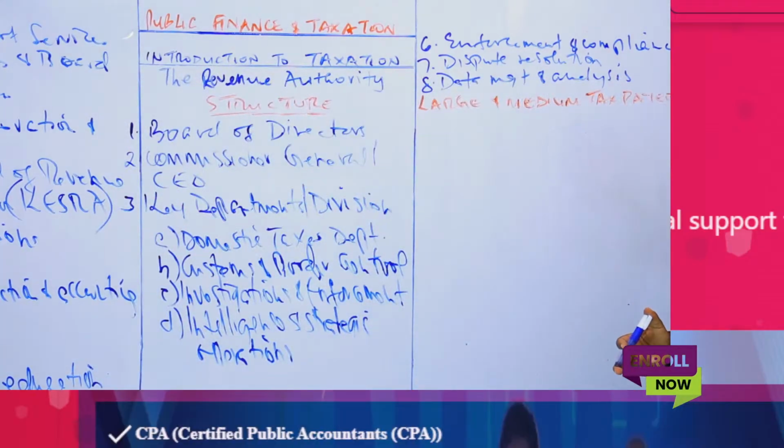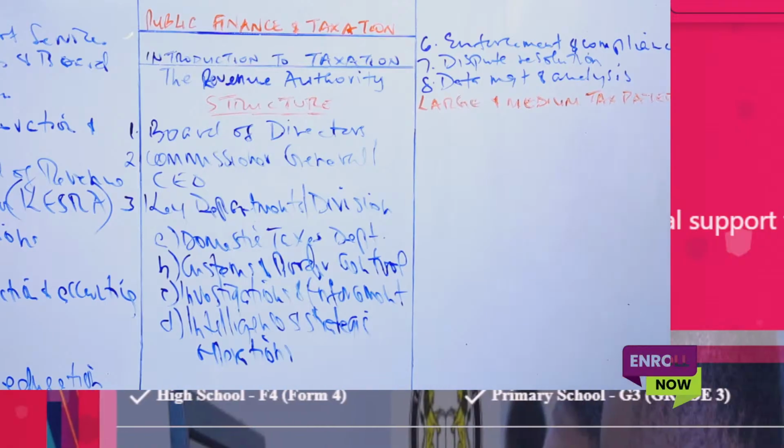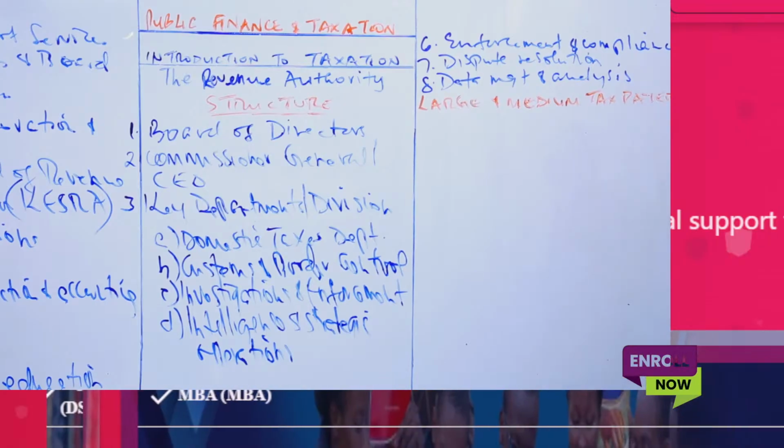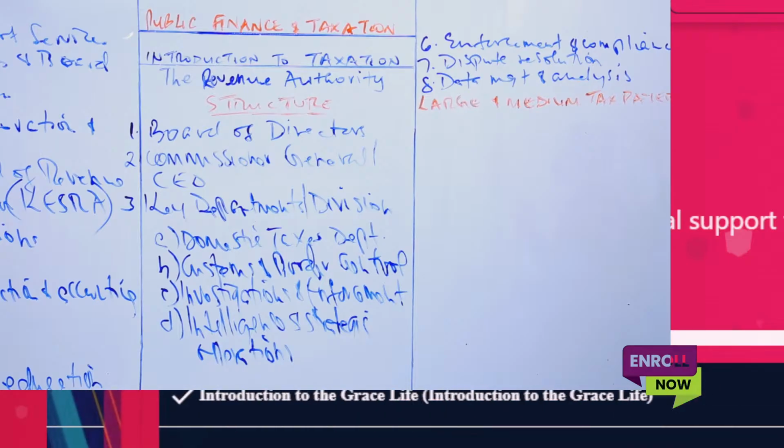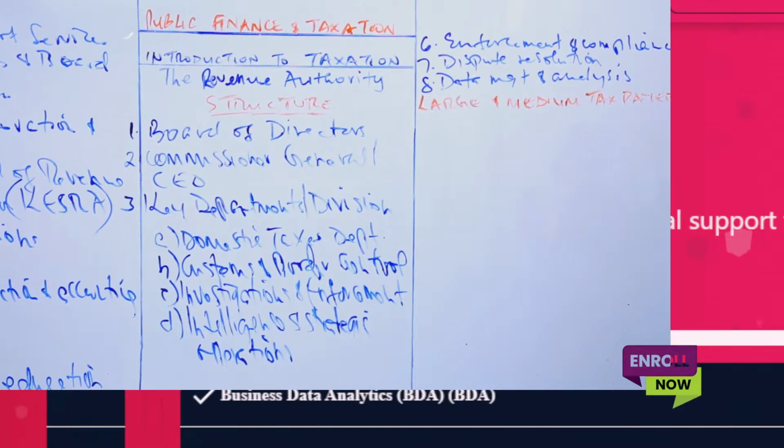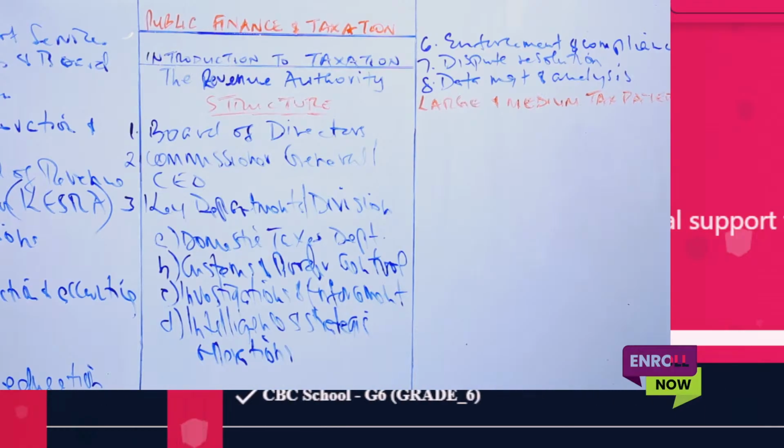So the large taxpayer office is responsible for managing the tax affairs of Kenya's largest businesses and corporations, which contribute a significant proportion of the country's tax revenue.